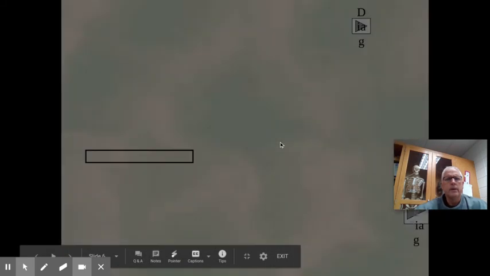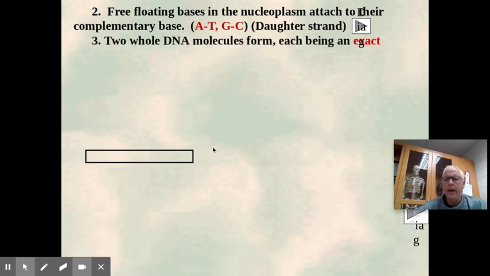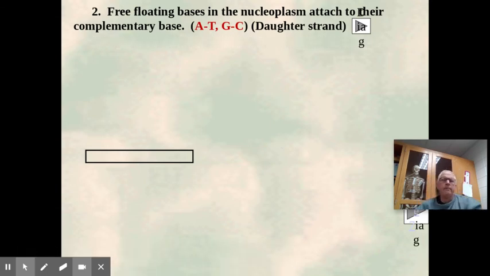All right. Step 2. Since we have this ladder exposed now, so I got an A over here, a T over here, I have a G and a C, or vice versa. I have these little pieces of DNA that are floating around in the cytoplasm. We talked in notes already about how a nucleotide is a sugar, a base, and a phosphate.